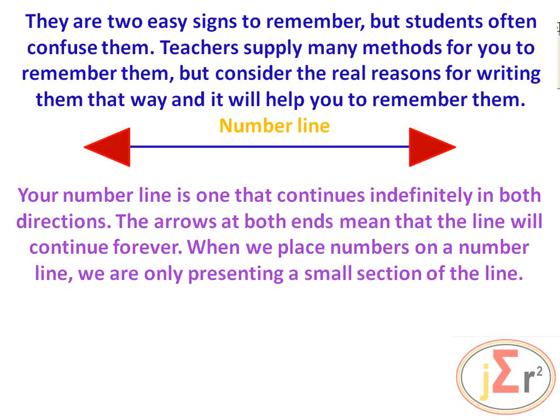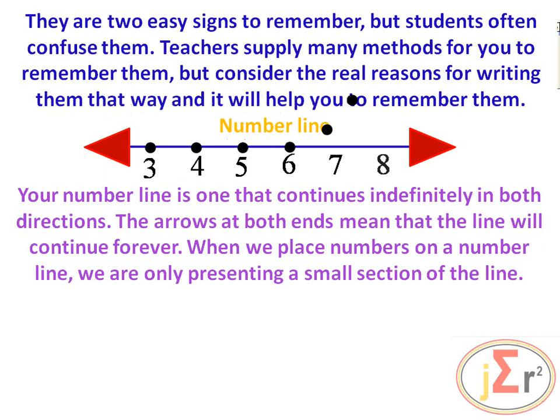So what we have there is not the entire number line, but a small section of it, and the arrows tell us that it will continue on and on and on without stopping in the directions of the arrows.